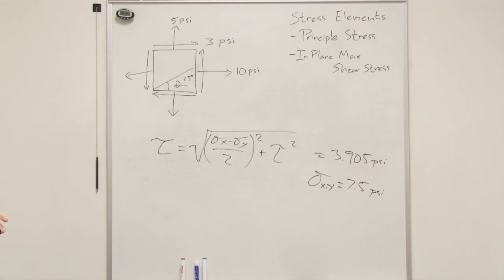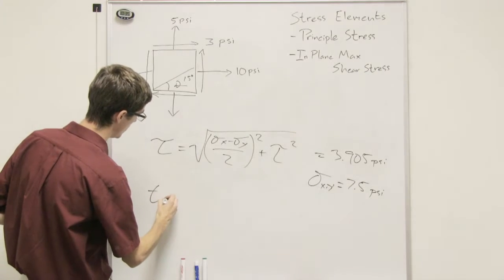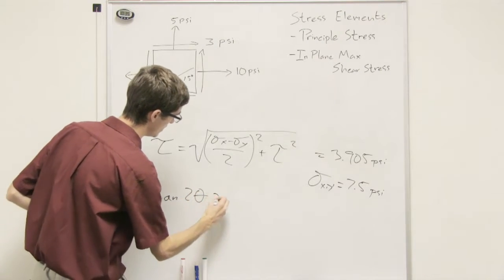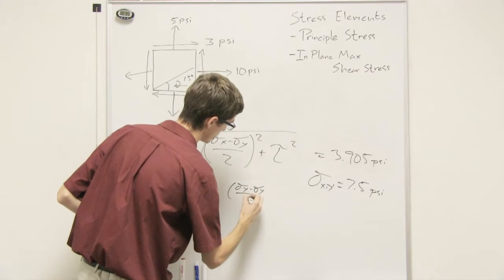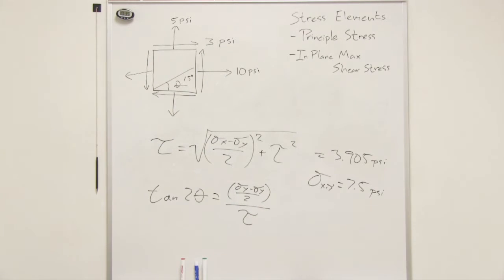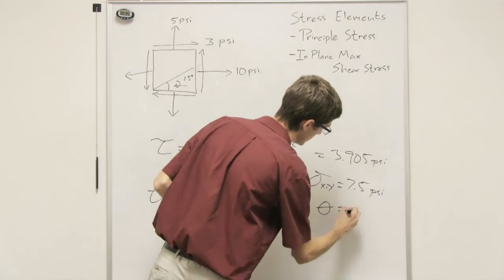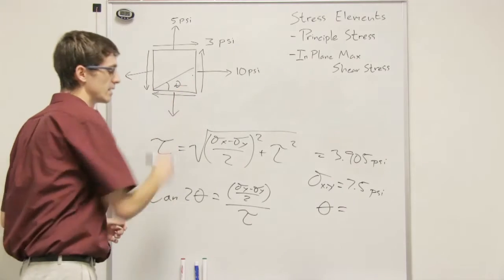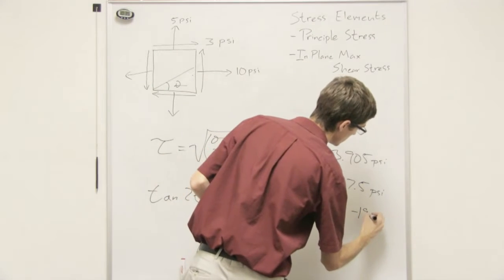We want to find out how much we have to rotate it, and to do that we use a similar equation to the last one, where the tangent of 2 theta is equal to sigma x minus sigma y over 2, divided by the shear. That's a lot like the last equation we looked at for the normal stresses, just flipped upside down. And so we find that the angle theta we have to rotate is equal to negative 19.9 degrees.